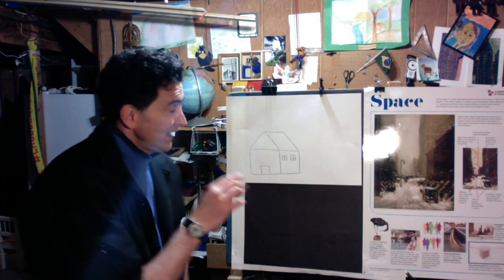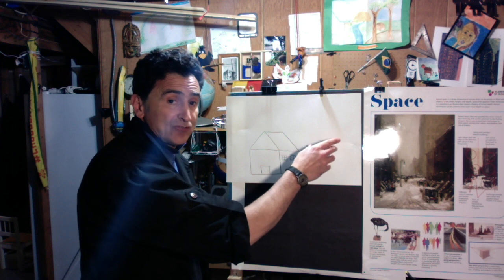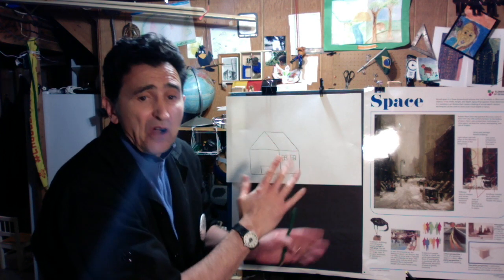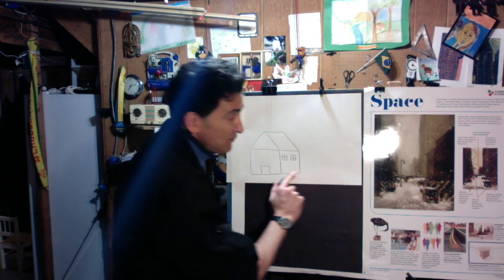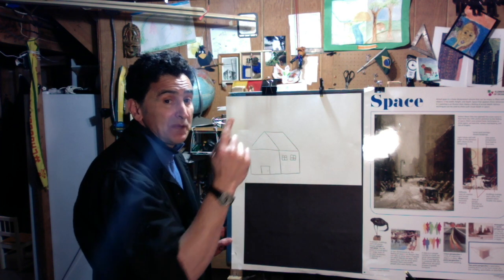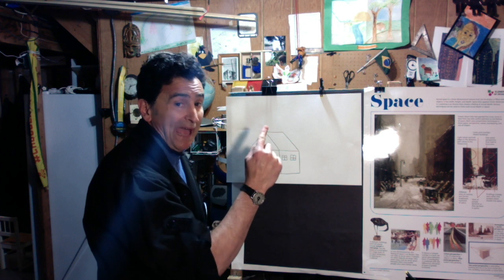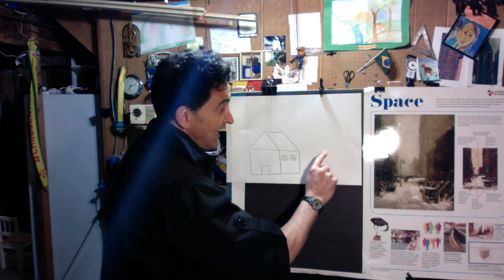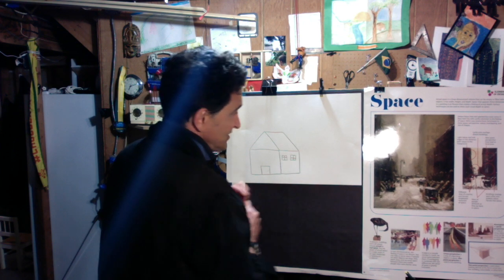Okay, now I'm going to make a house that is not too small. It's a little smaller, but I'm not going to put it on the same line. I'm going to make the house be a little back. So instead of making the small house here, I'm going to make it up, right in here.